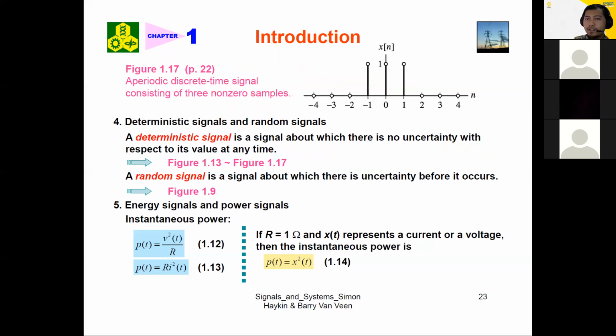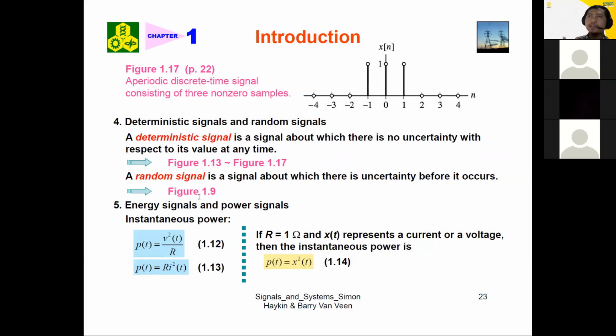If no, let's move forward to another parameter. This is not signal classification, but a characteristic of the signal. The signal has energy and has power. The difference between the energy and the power is with respect to time.